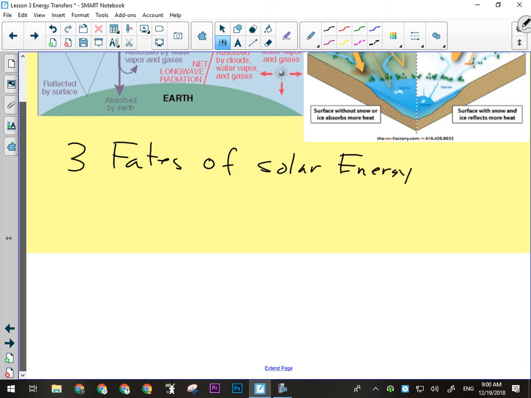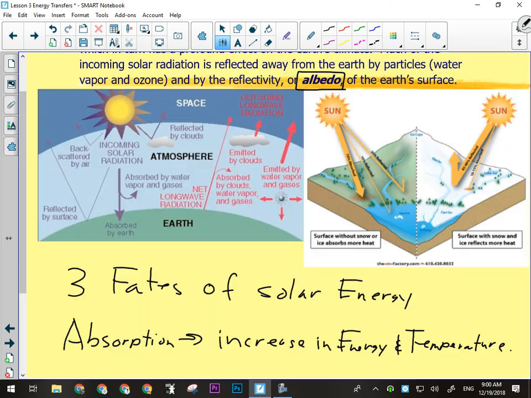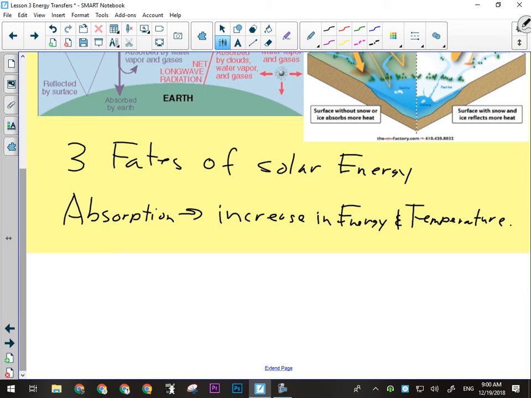Okay, the three fates of solar energy are absorption. If there's absorption, then there will be an increase in energy and temperature.